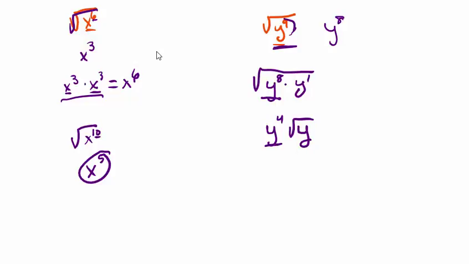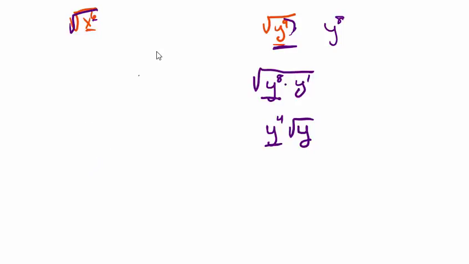Now if I want to actually talk about where that comes from, I'm going to erase this real quick and kind of go through it. So when we talked about finding the square root with numbers, we said factor it out. So let's imagine I wanted to factor out x to the 6th.